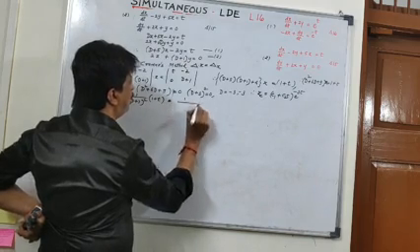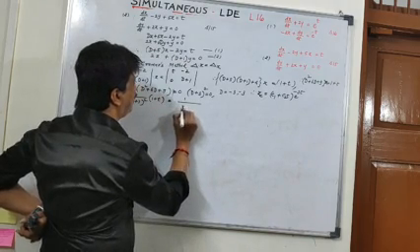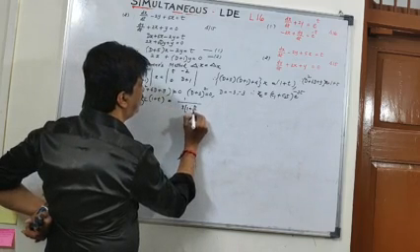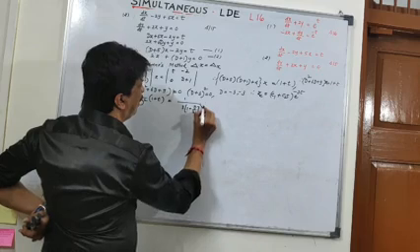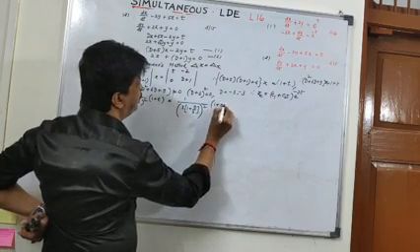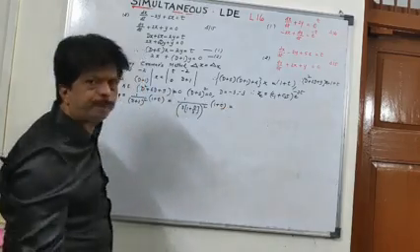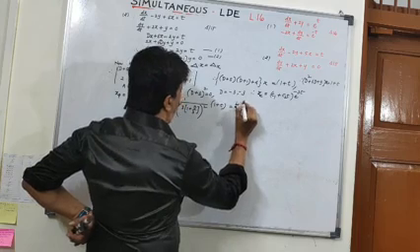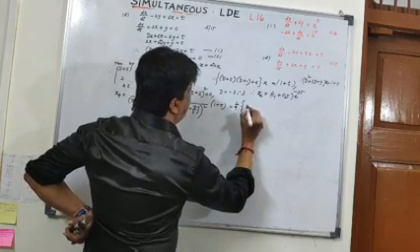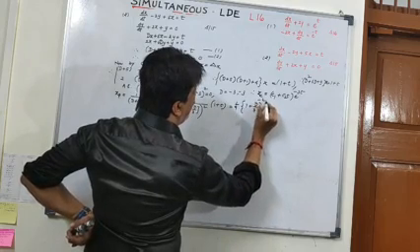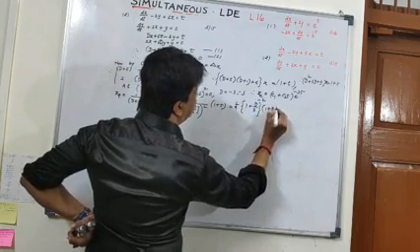We take out the constant common in the bracket: 1 upon 9 times (1 + D/3) squared into (1 + t), which is further equal to 1/9 times (1 + D/3) raised to power minus 2 into (1 + t).